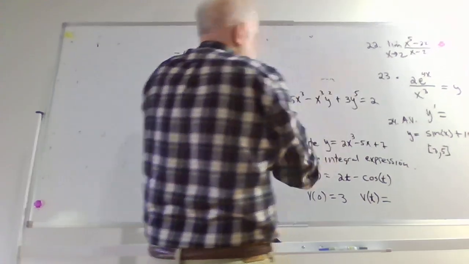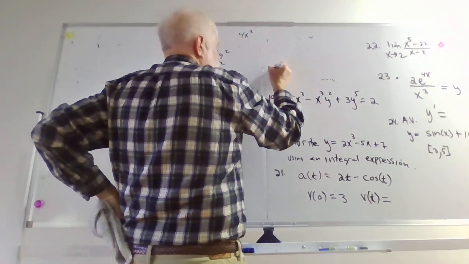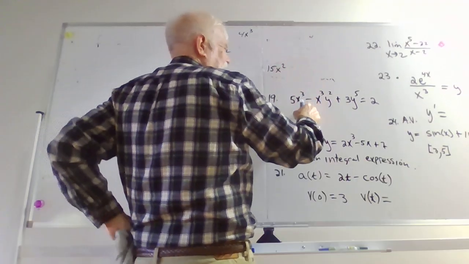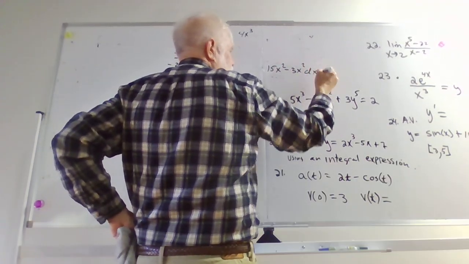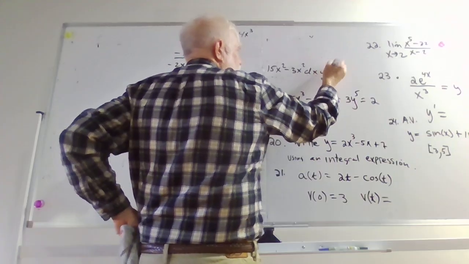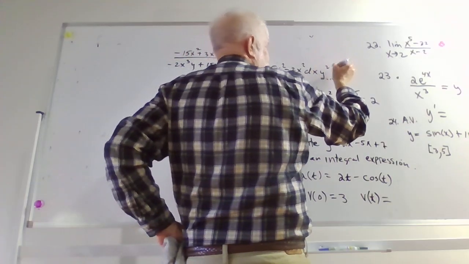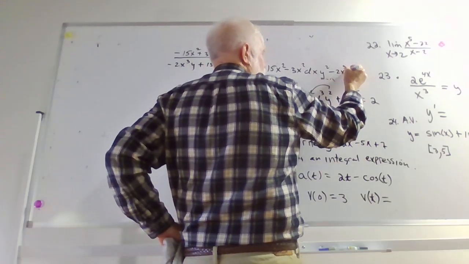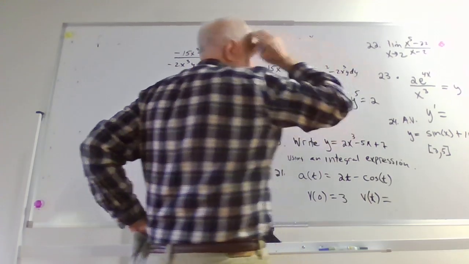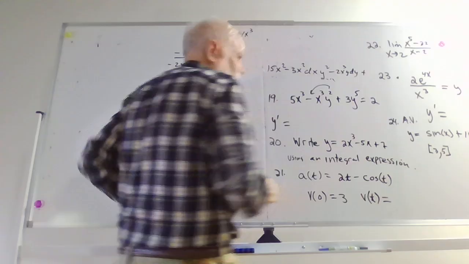All right, so cut to the chase. 15x squared minus 3x squared dx times y squared minus, bring the 2 in front, 2x cubed y dy plus, see, I'm running out of room here.